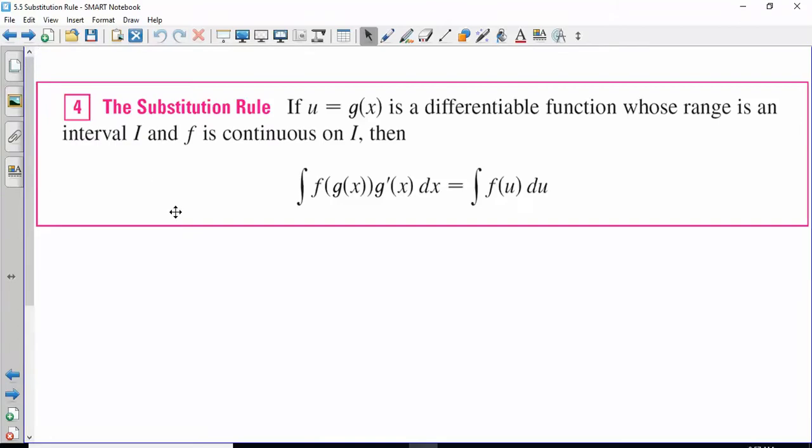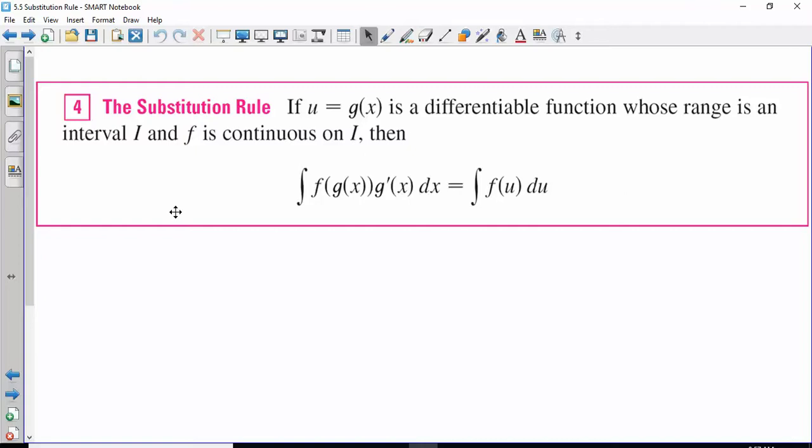So this is our substitution rule. It tells us that if u is a differentiable function, and we can say that u is equivalent to g of x, then we can take this more complicated function and substitute in something prettier and work from there.